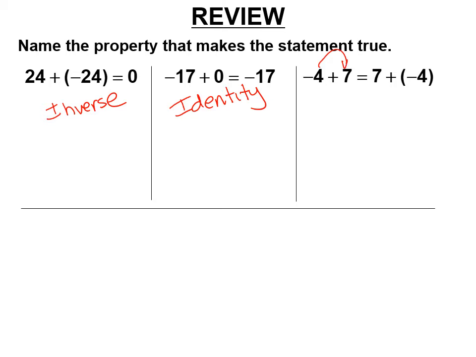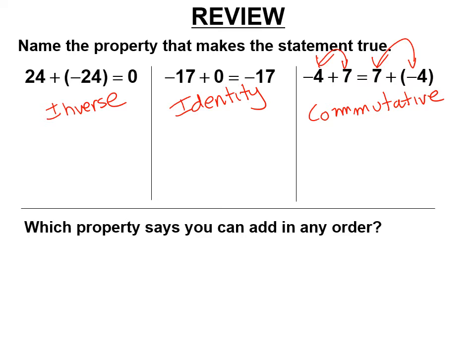Turns out if you can add numbers in any order, you can switch the order of addition but not subtraction around. What property says so? Commutative. There are 2 M's and 2 T's in commutative. So which property says you can add in any order? That one, the commutative property.